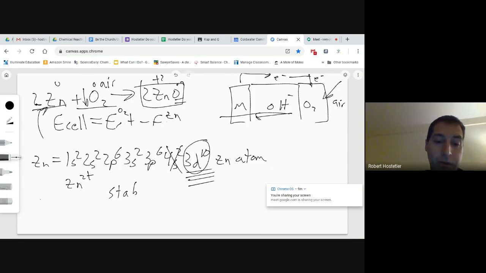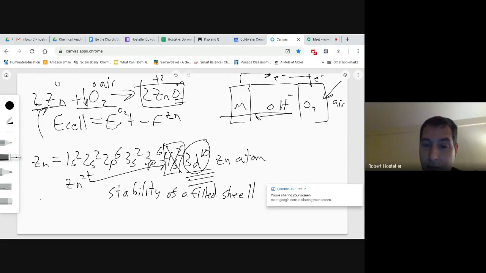So we would say that we're taking them away from the 4s sublevel because of the stability of a filled shell. So you get a point for the electron configuration and a point for saying that in this case the electrons come from the 4s sublevel.